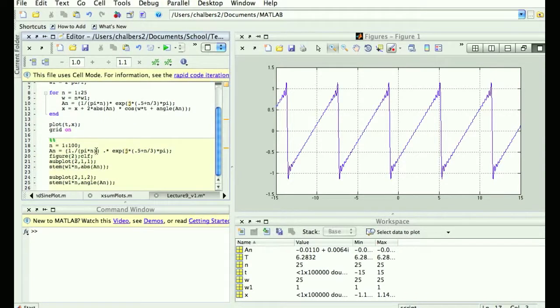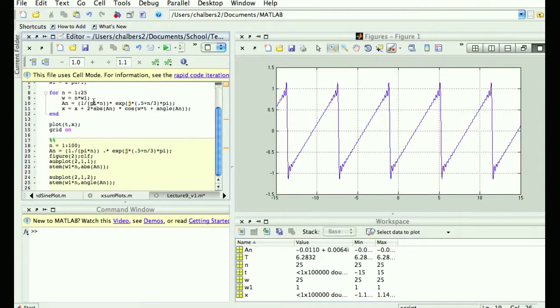And what I'm doing here on line 19 is that's my same formula for a sub n. The only thing that's different from what I'm doing down here than what I was doing above is upstairs, when I was computing a sub n, I was computing one number for a sub n for every pass through the loop. So on the first pass through the loop, I was computing a sub 1. Second pass through the loop, a sub 2, and so on.